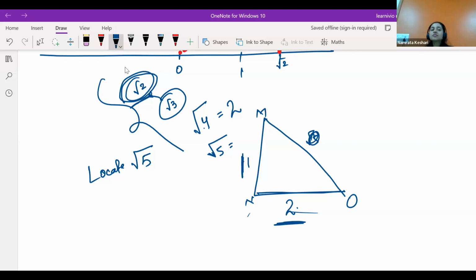If you will not sit with compass, pen, pencil and scale, then you may not get it. You need to sit with pencil, scale, compass, protractor, the whole geometry box, and do it by yourself. Then only you will feel confident.